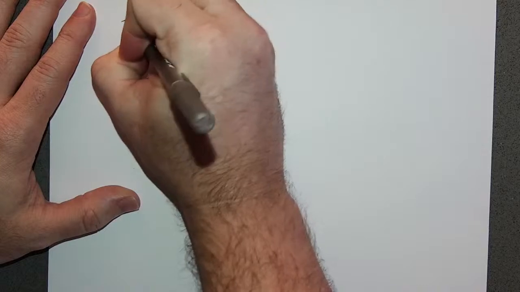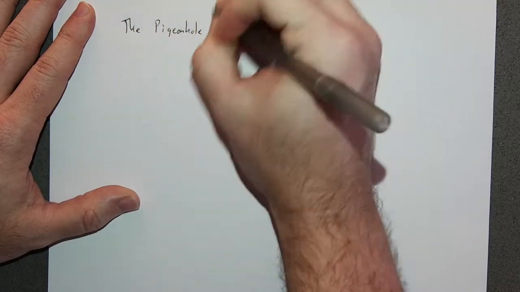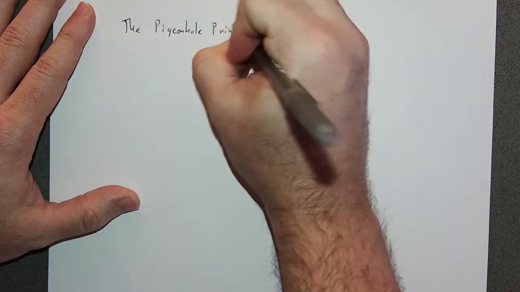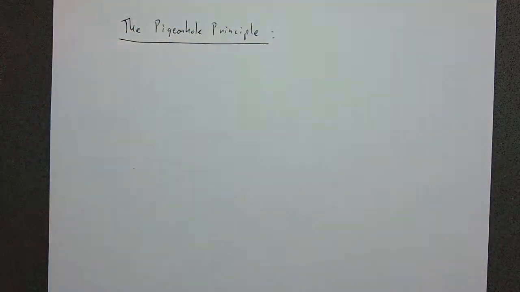Now, on to the pigeonhole principle, as I promised yesterday. The thing to know here is the pigeonhole principle is something that you have used before, whether you know it or not, and it might seem obvious.